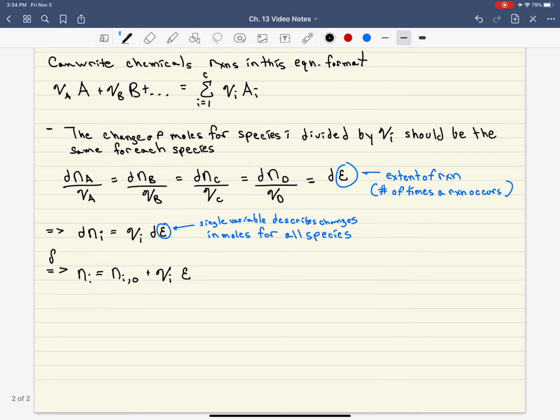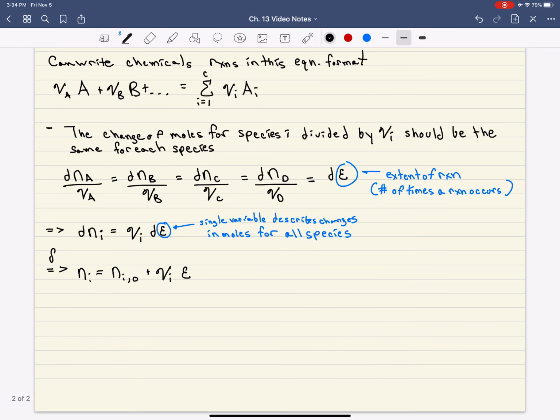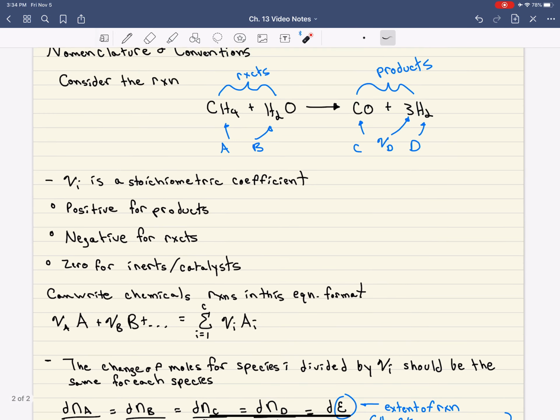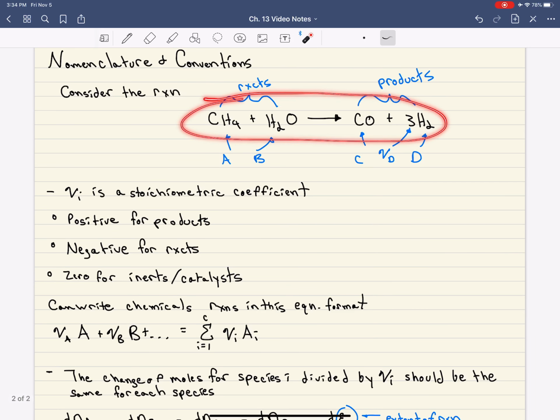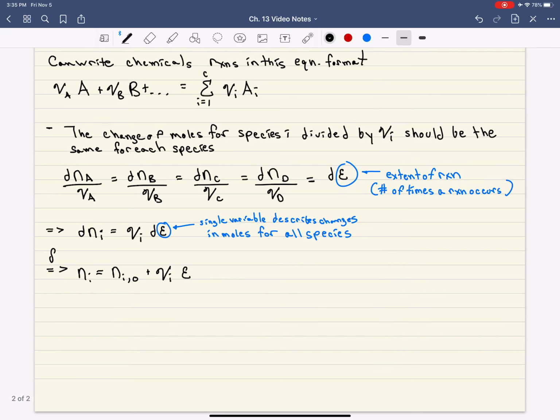Okay. All right. The last thing I'll say is, I wrote out this equation for just a single reaction. But a lot of times in real chemical reactors or real chemical reactions, there's not just one reaction going on. You actually have to account for a lot of side reactions, or there are multiple reactions going on.